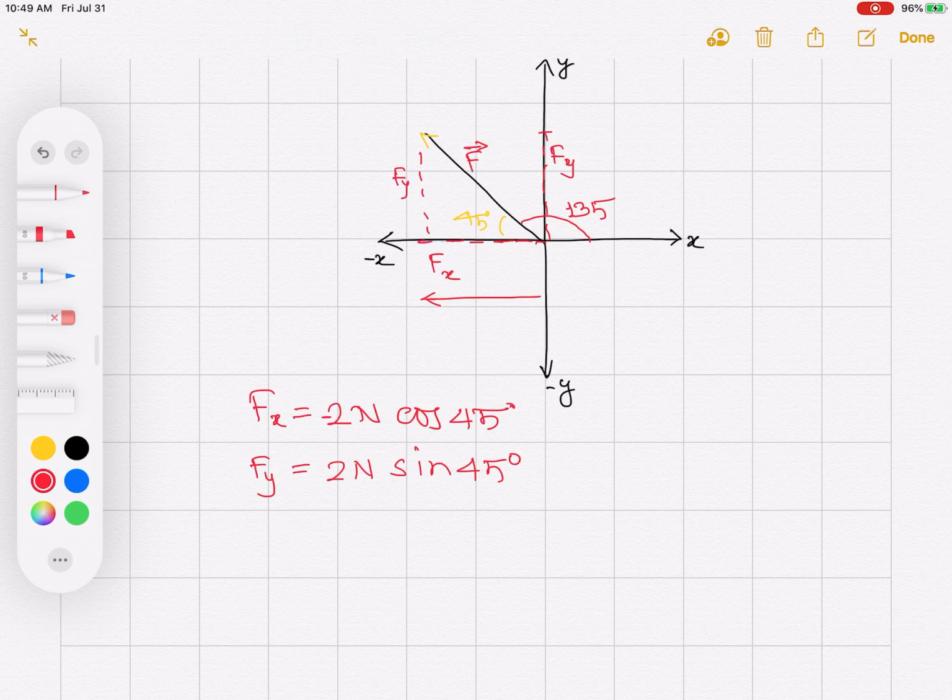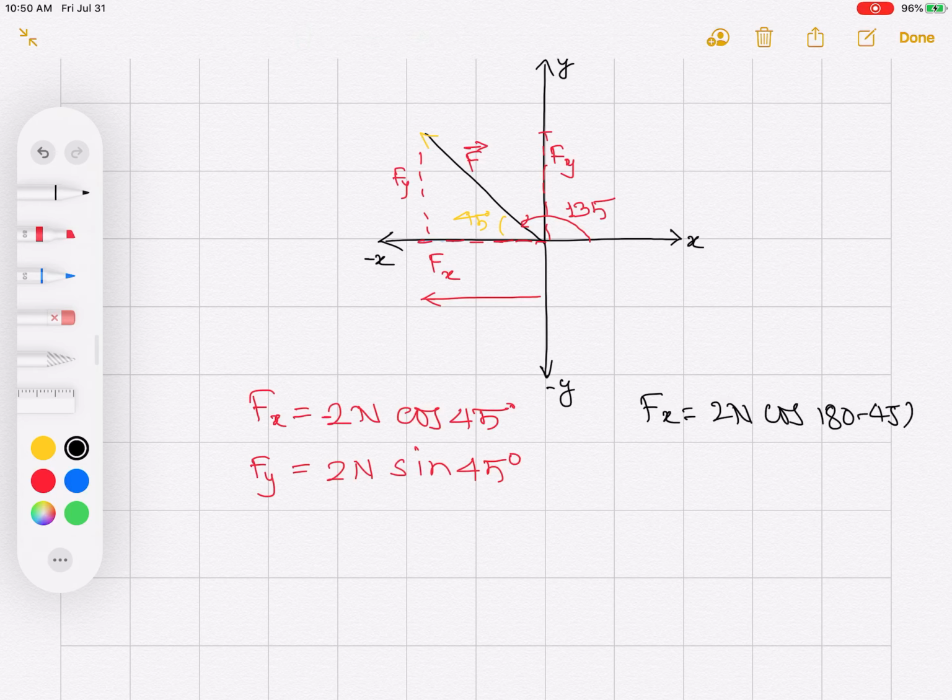This is one way. But the other way, if you consider the angle made with the positive x-axis, then you do not need to take care of the negative sign. So if I consider this 135 as my angle, then simply Fx is 2 Newton cos (180 minus 45).